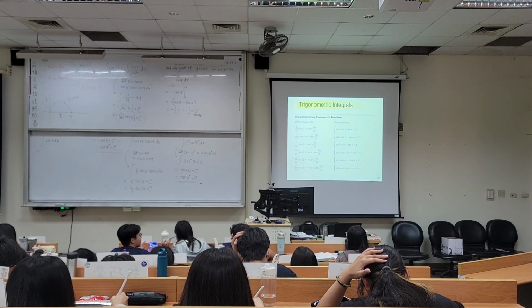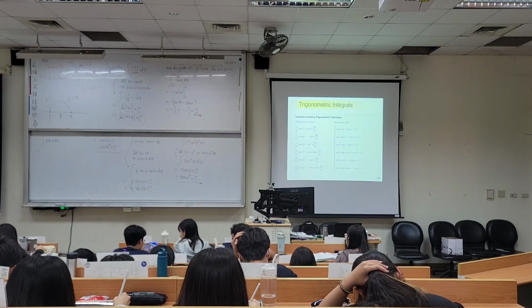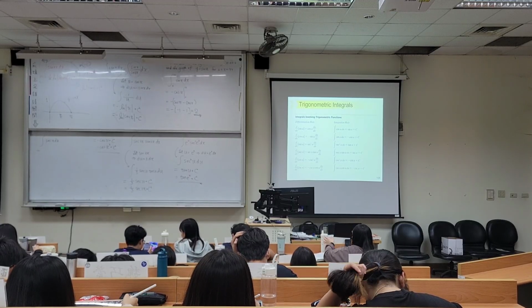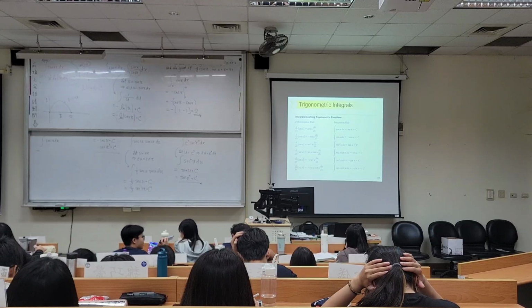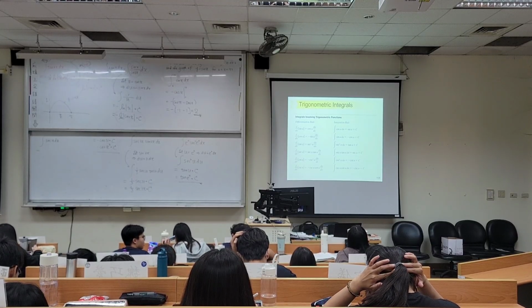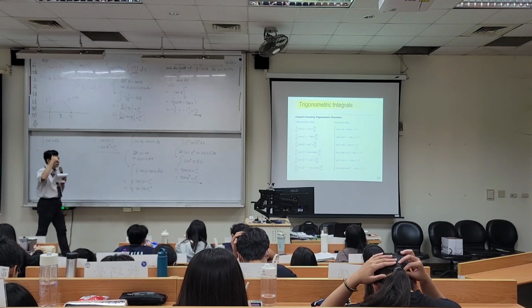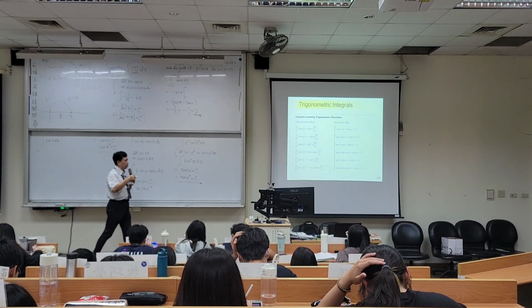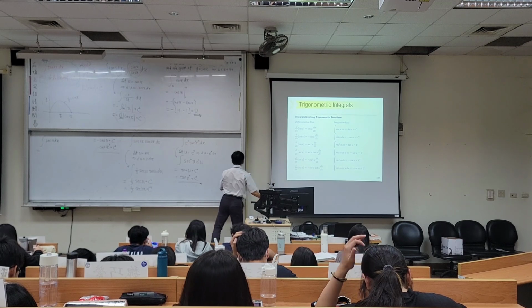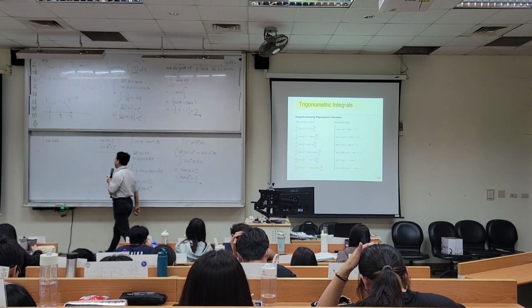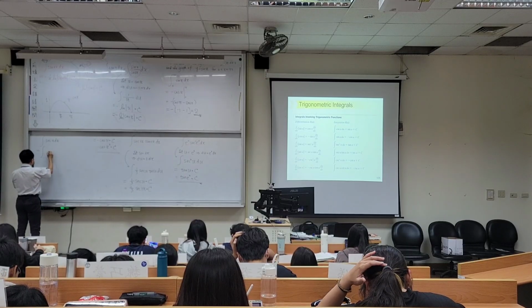Because we know the derivative of tangent is secant squared. Derivative of secant is secant tangent. Interesting. So let's do this.